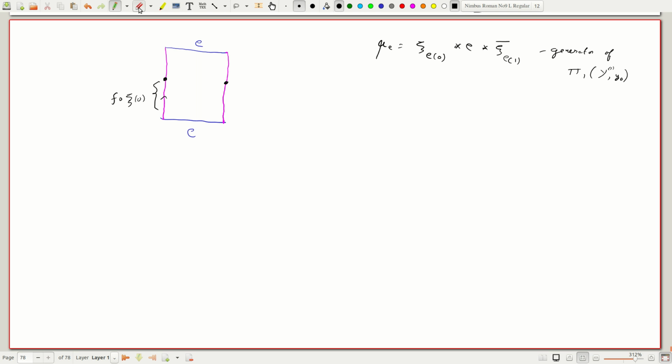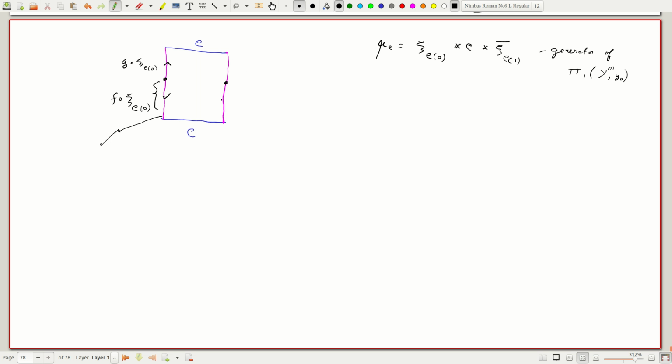I'm going to change the direction and go down here. It's not xi of 0, it's xi e of 0. So I had the path which went along the tree, and then I went up. As I went up, I took the reverse of that path. So as I go down, I have this guy, and this is g composed with xi e of 0.